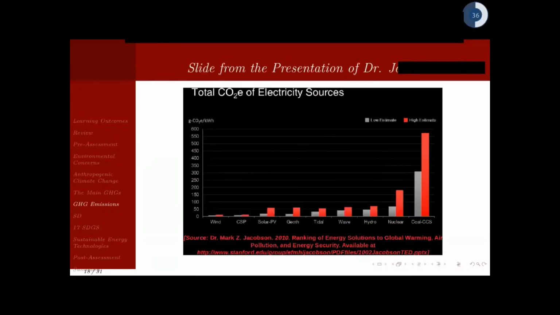Okay, this illustration is very nice, which is coming from Professor Jacobson. He's a researcher from Stanford University, and in this figure you can see the total CO2 equivalent emissions from different conversion technologies.